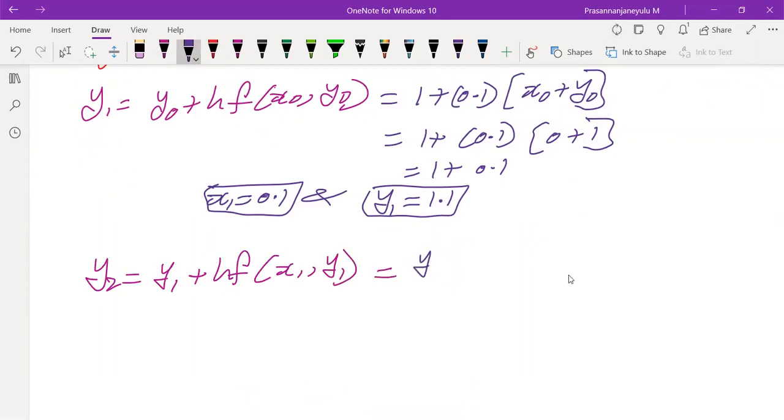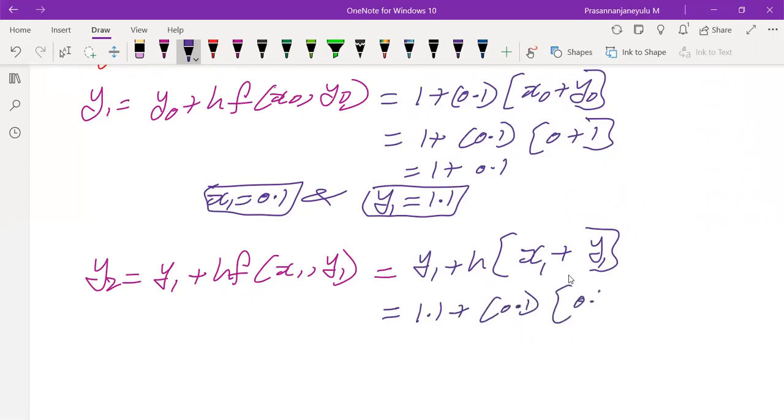So before we substitute it, y1 plus h into f of x1, y1. What is f of x comma y? F of x comma y is x plus y. But in place of x and y, what we have to substitute? X1 and y1. So here substituting the values of y1 and x1. Y1 value is 1.1 plus h value is 0.1, which is the step size, into x1 is 0.1 plus y1 is 1.1.